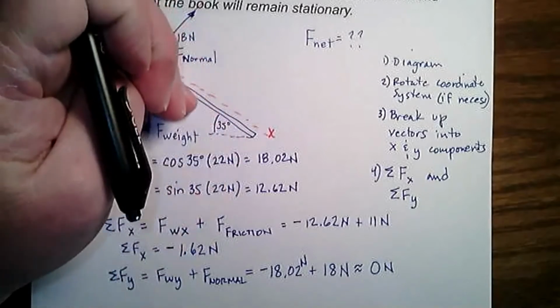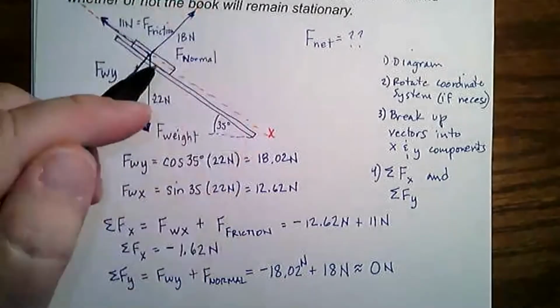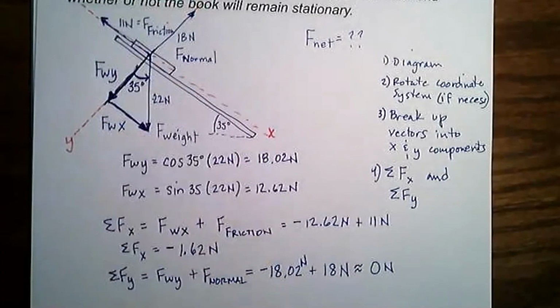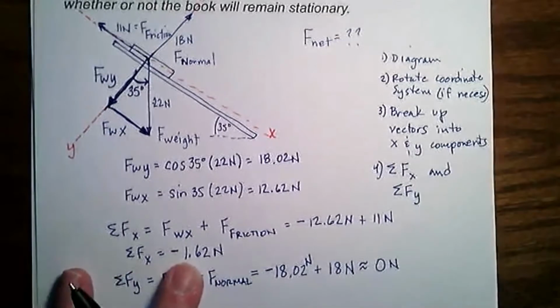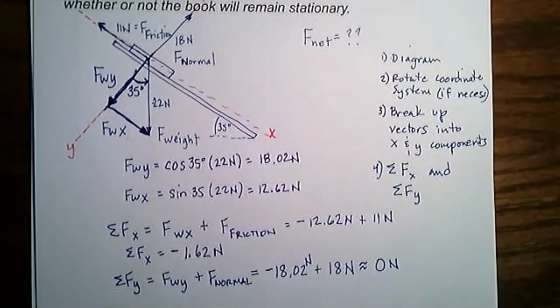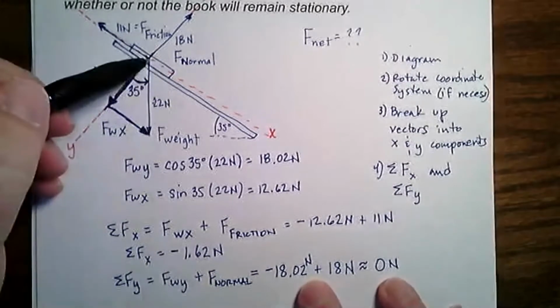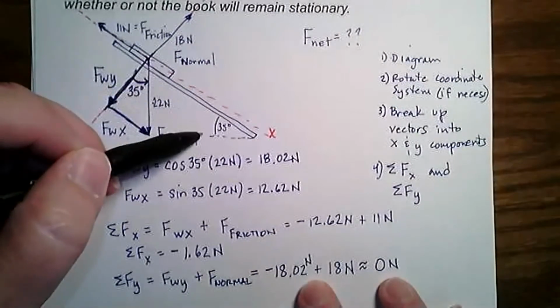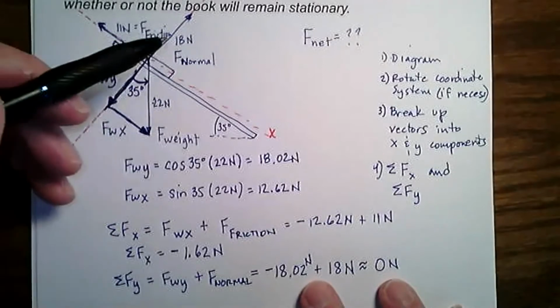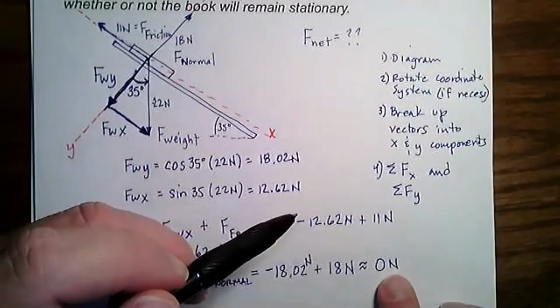It would fall downward in the y direction as it moved down this slope. I've never ever seen anything like this. And I would say if you did, you may be on some kind of hallucinogenic prescription or something. It wouldn't make any sense. I've never seen a book sink into the tabletop as it slid down. That never happens. I know that has to be 0.